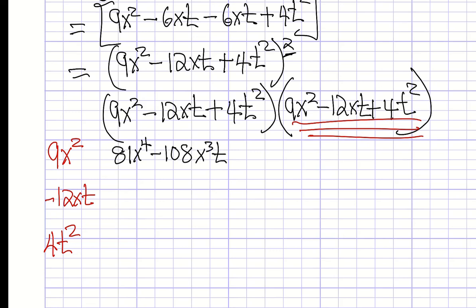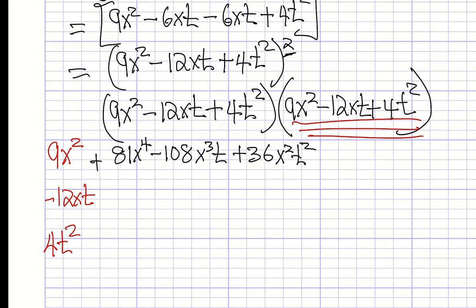You see what I'm doing, right? And then 9x squared times 4t squared. 9 times 4 is 36, so it's going to be positive 36x squared t squared. See that, right?